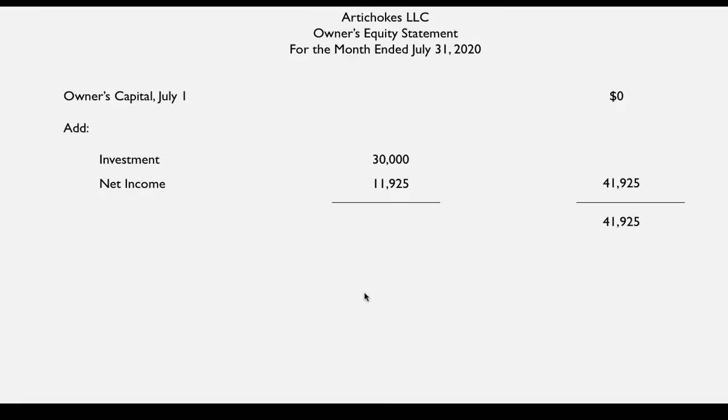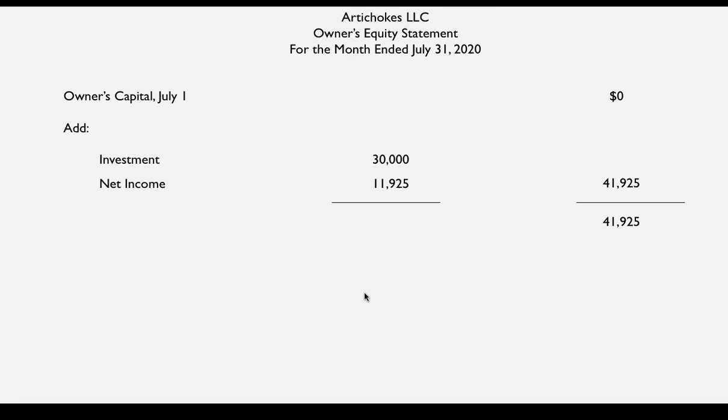The other piece is net loss. So if we would have had a net loss on our income statement, meaning our revenues were less than our expenses, that net loss would show up here on the owner's equity statement under less.